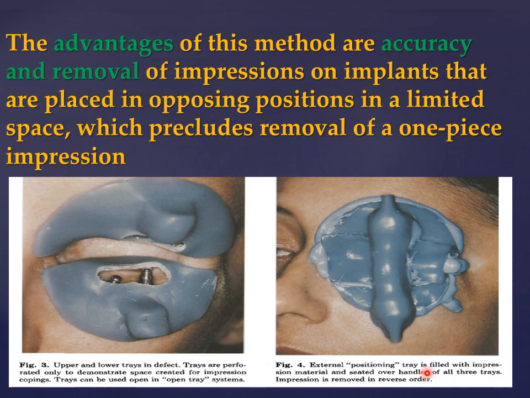The external positioning tray is filled with impression material and seated over the handle of all 3 trays. The impression is removed in reverse order. The advantages of this method are accuracy and removal of impressions on implants that are placed in opposing positions in a limited space, which precludes removal in one piece.